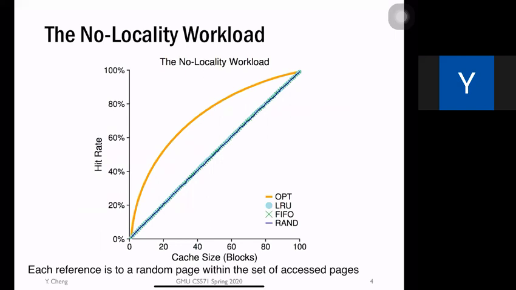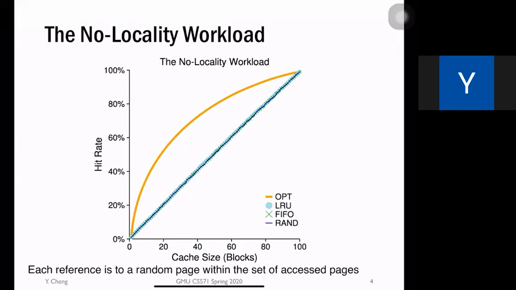By non-locality, I mean each reference within the workload is to a purely random page within the set of accessed pages. Let's say the total set of accessed pages is 100 unique pages, and each and every one of the 10,000 access references is to a random page, randomly drawn from those 100 unique pages. So this is non-locality.